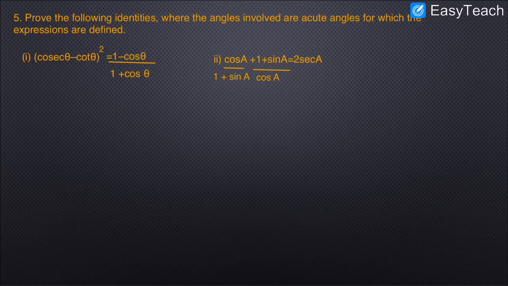So here the bottom, it's in the format of A plus B into A minus B. So A square minus B square. So A is cot A, so cot square A minus B, so 1 minus cosecant A the whole square.